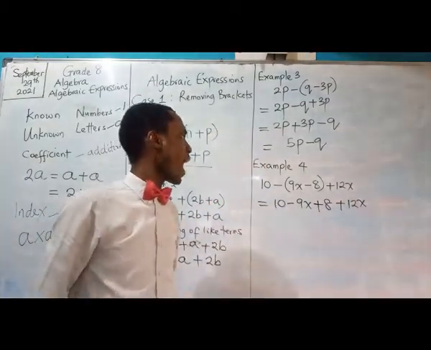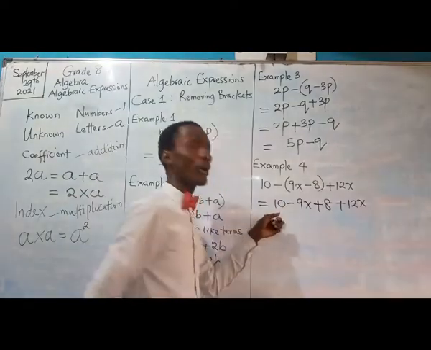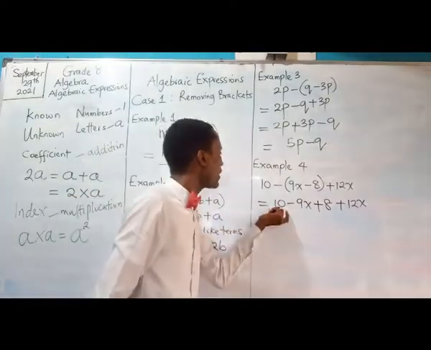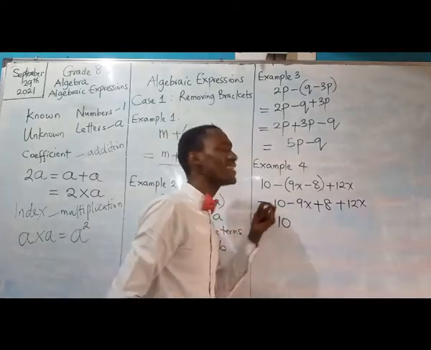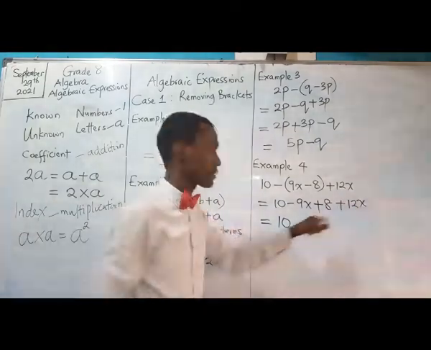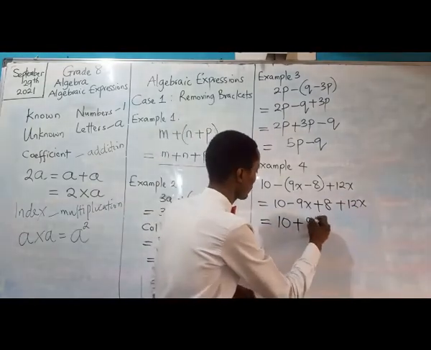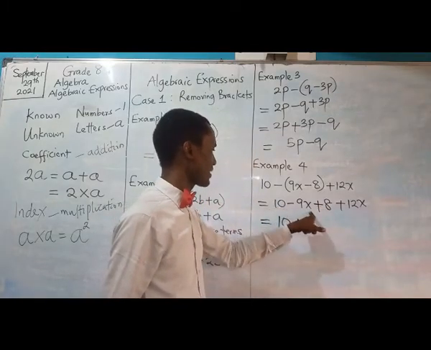So, with this one, I will then collect like terms. Okay, I can see 10 here. Now, we're going to learn something new. The first term I can see is what? 10. So, I'll write 10. 10 is a number. Can I see another number here? I can see 8. I'm seeing negative 9x here.